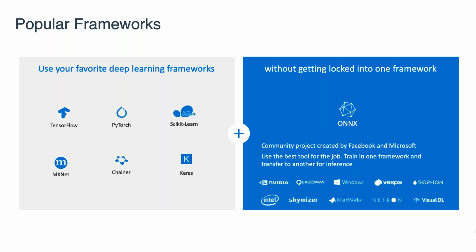What we've done with Facebook is come up with the ONNX format. ONNX is the Open Neural Network Exchange format. And I like to think of it as the PDF of AI frameworks. Just like in an office, maybe you use Microsoft Office, maybe your coworker likes OpenOffice, another coworker uses LibreOffice. How do you interchange documents?